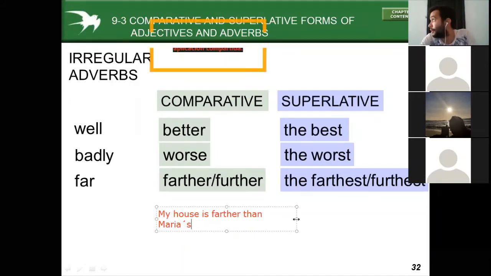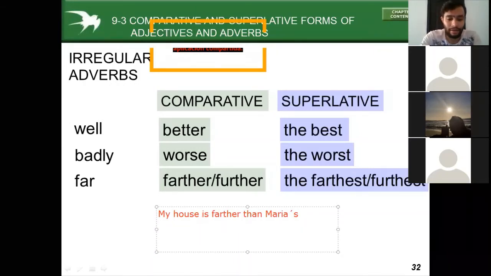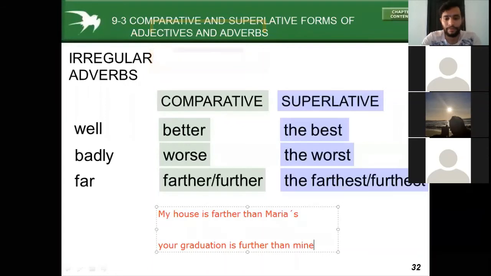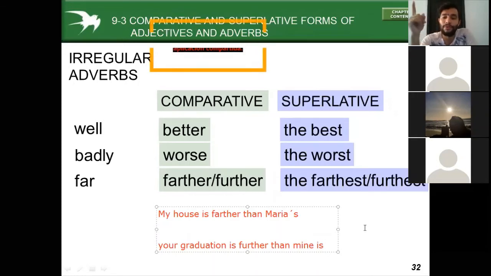Take a look. My house is farther than Maria's. And your graduation is further than mine. Okay. We have here two examples.